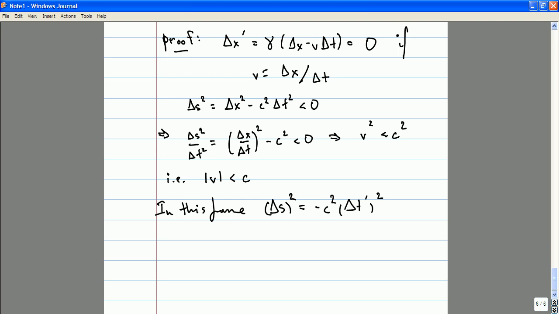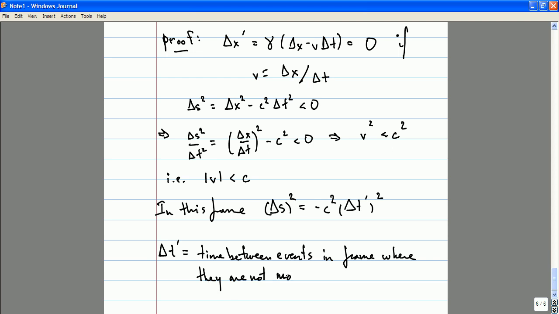So delta t prime is then the time between events in the frame where they take place at the same location, namely where they are not moving, i.e. their rest frame.